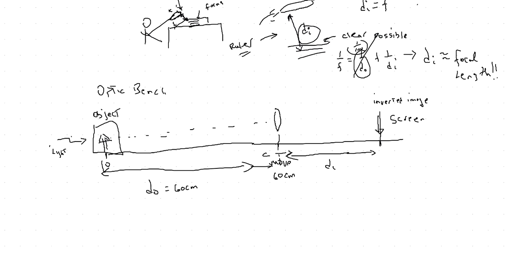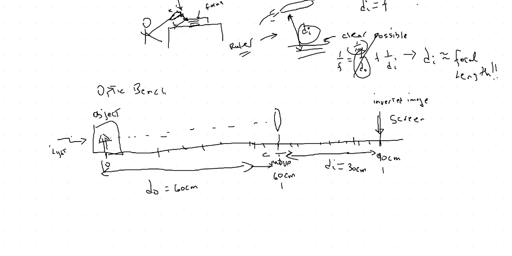So on this optic bench, if we started at 0 and the lens was at 60, and then we notice the screen is at 90 centimeters. Well, the image distance is not 90, because if the screen is at 90 and the lens is at 60, then the image distance is 90 minus 60, which is 30 centimeters.